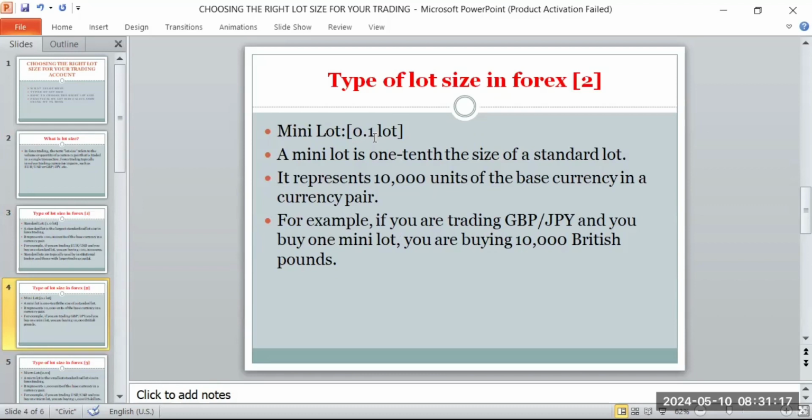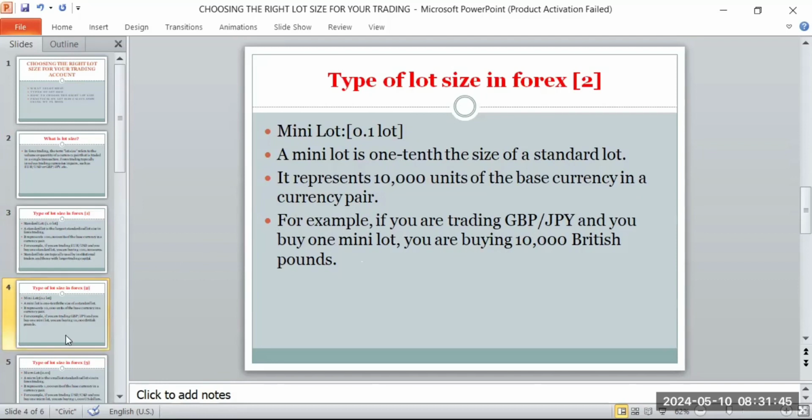This is the mini lot, the second type of lot size that we have. It represents 10,000 units of the base currency in a currency pair. Let's say, for instance, if you are trading GBP/JPY and you buy this pair using one mini lot, that means you are buying 10,000 units of the British pound. So you can see the standard lot is way bigger than the mini lot.